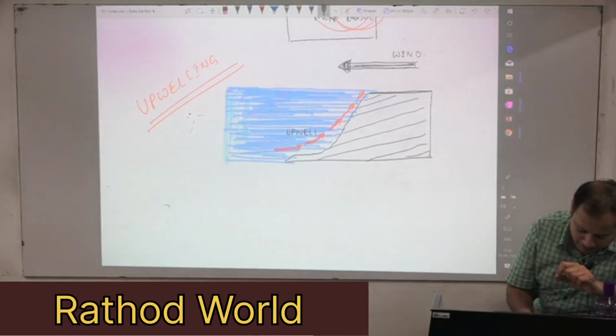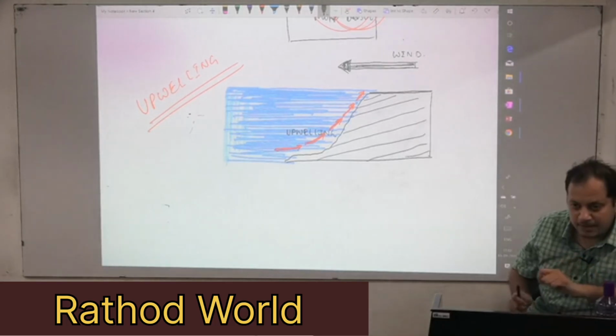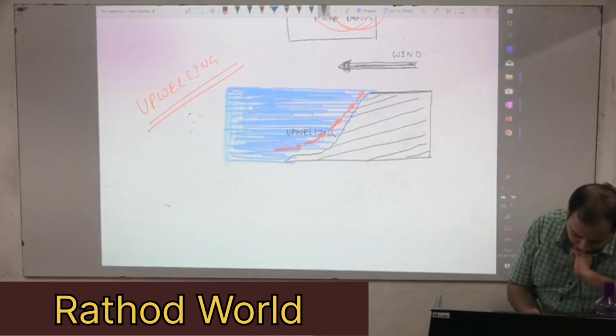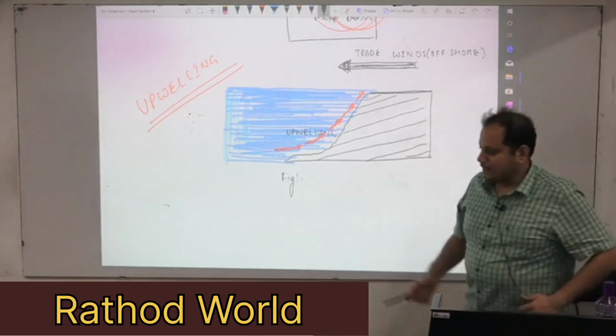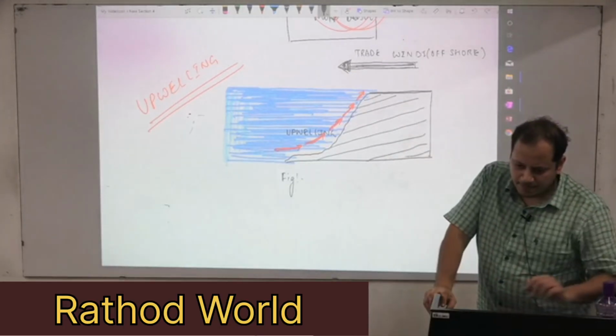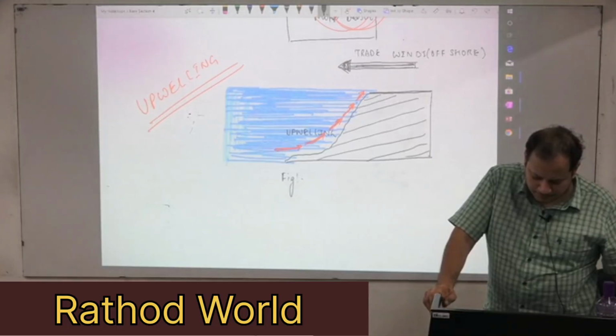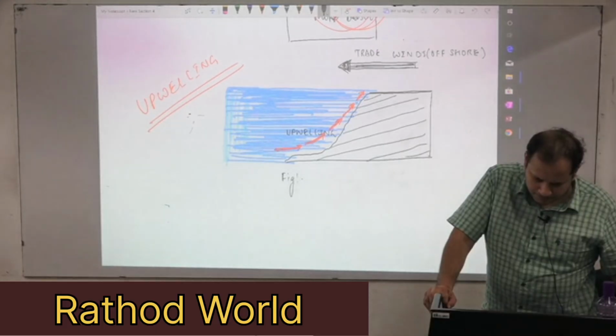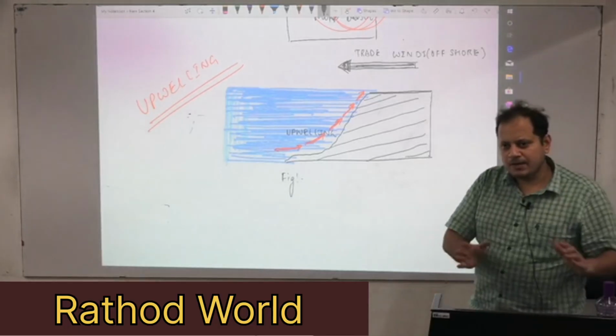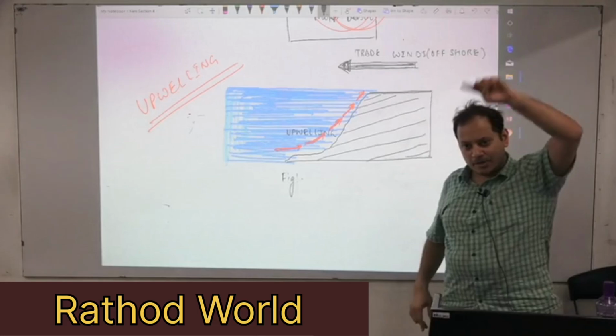Such kind of upwelling is seen in the desert regions, where the trade winds are offshore. You can draw this diagram. Understanding? Water comes up from below because the wind creates a deficit. Where will similar upwelling happen? When the westerlies become offshore, which is why the Labrador current is cold.